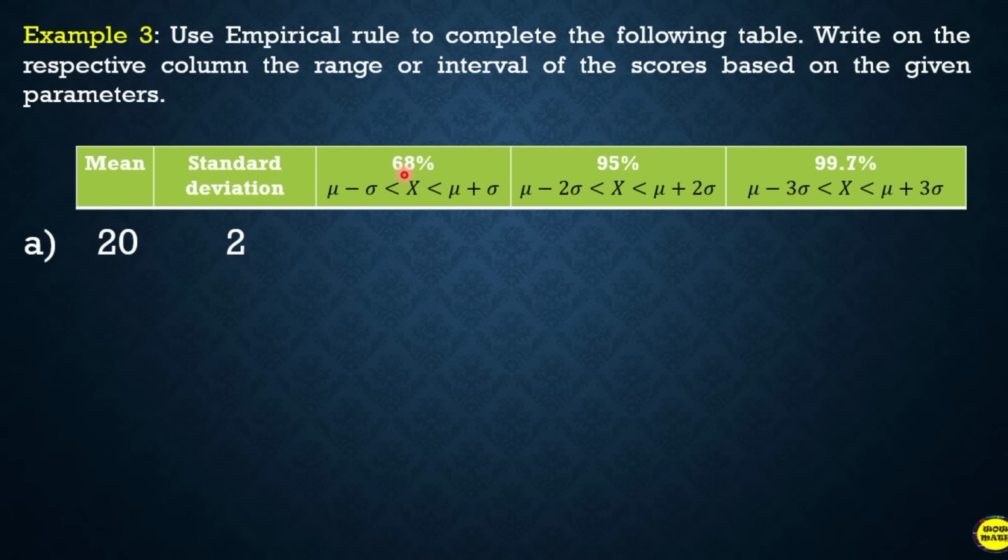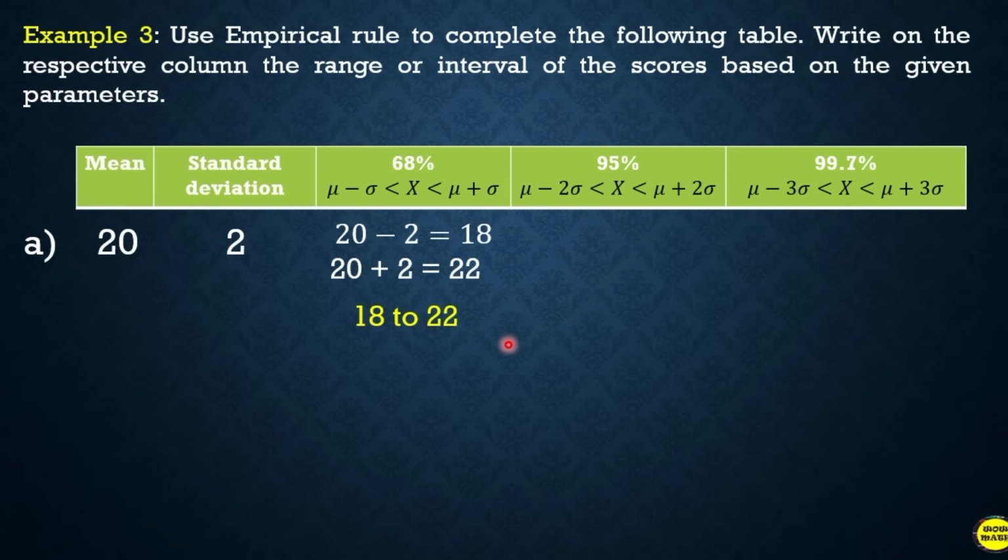So paano computing yung interval ng 68%? First, ima-minus natin muna yung given na population mean minus the standard deviation. So 20 minus 2, that is 18. And then dito naman plus, 20 plus 2, that is 22. So therefore yung score natin is from 18 up to 22. So yun yung interval natin or yung range natin ng score.